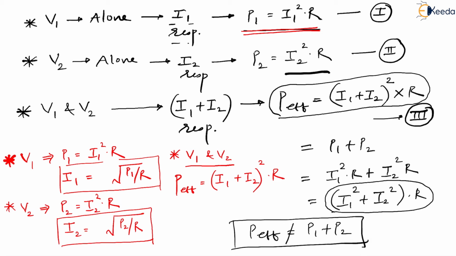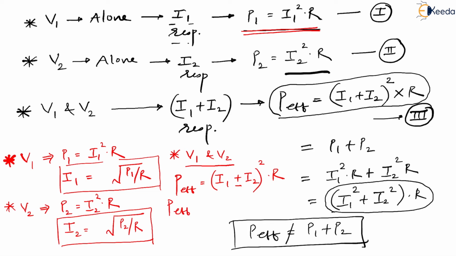If I1 and I2 appear to be in different direction, it might happen that the subtraction may take place. So we really don't know whether the effective current is the addition or subtraction of currents. So in general, let me put this way: I1 plus minus I2 whole square multiplied by R.